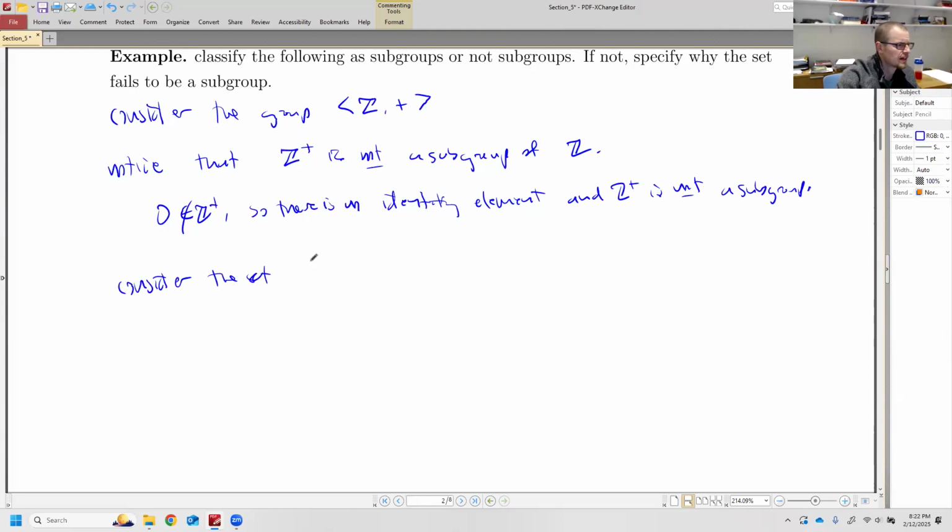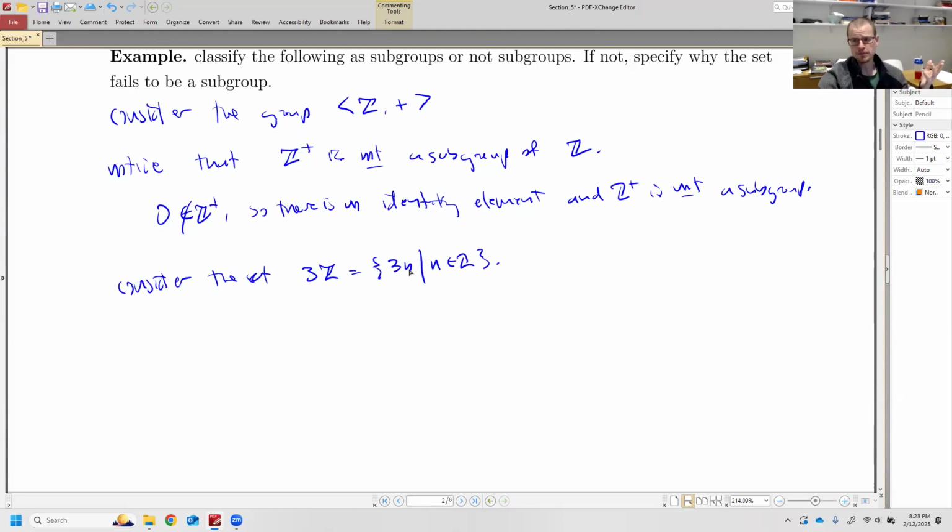Consider the set, let's call it 3Z. You'll see this referenced in your book as well, which is the set of elements 3 times n such that n is an integer as well. So it's all of the multiples of 3.